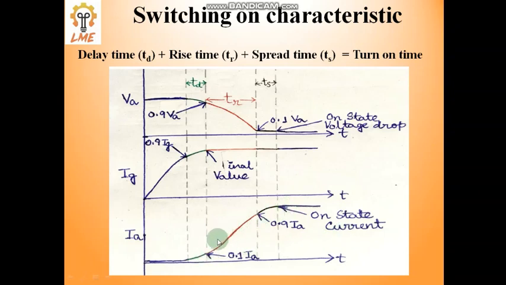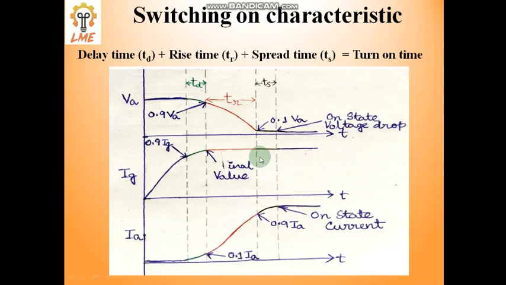Suppose we take an example: if the on state current is 100, then the change from 10 to 90 over this time period is known as rise time. We can say if the on state voltage drop is 0 and the peak value is 100, then the change from 90 volt to 10 volt is known as rise time.